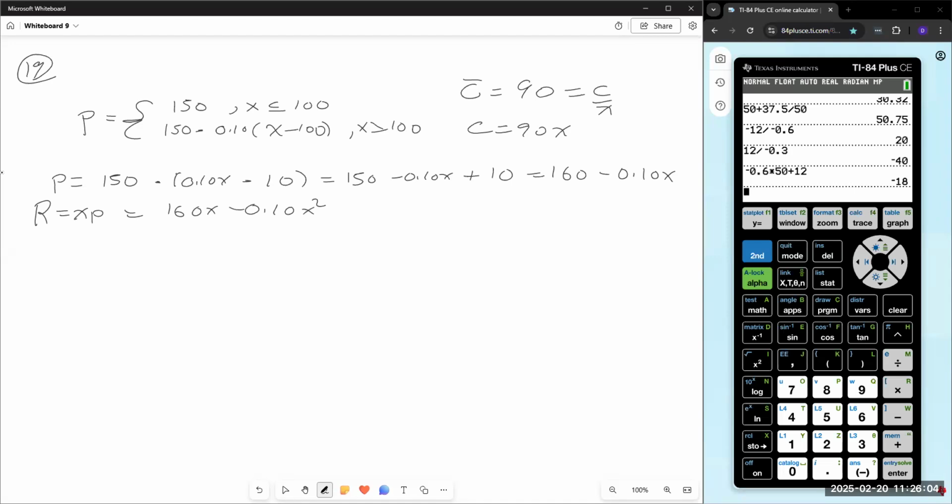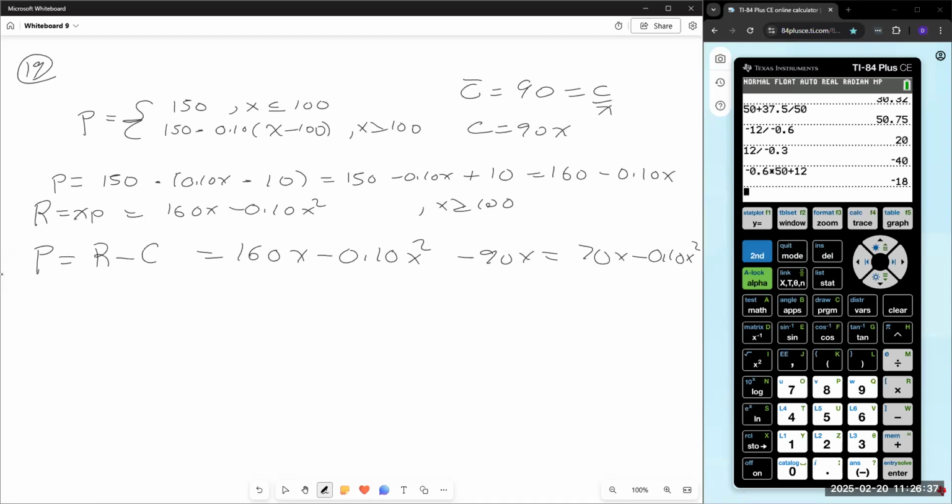And that's really only good for x greater than or equal to 100, but our cost function, we have that here, is 90x. So our profit function is our revenue function minus our cost function: 160x minus 0.10x squared minus 90x, which is going to be 70x minus 0.10x squared.